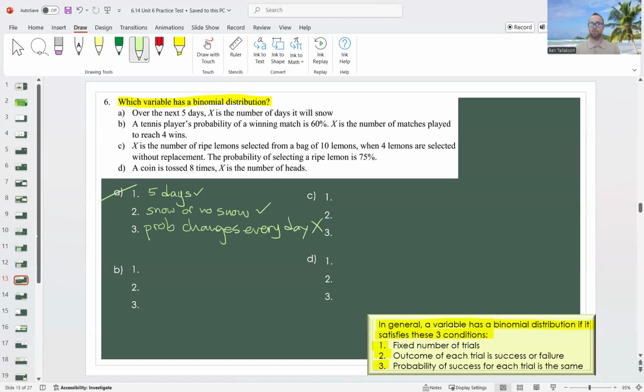So it is not a 50-50 chance. I don't think I've ever seen a weather report where 5 days in a row have the exact same temperature, the exact same percent of snow or chance of snow or rain or anything else. Okay, so be careful. Go ahead now and try B, C, and D if you haven't already.